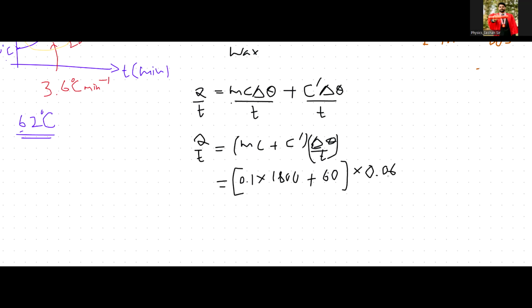Here we have 1800 multiplied by 0.1 is 180, plus 60 is 240. 240 into 0.06 is just what? 6 into 24, 14.4. So the answer is 14.4.